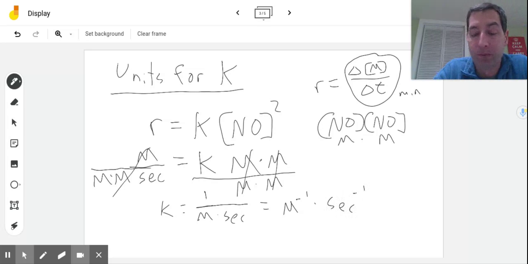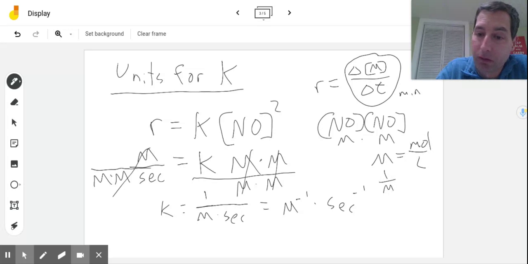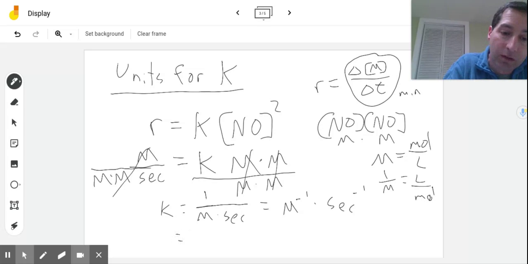That's the same thing. We could also say that molarity is actually just moles per liter. And so if we have 1 over molarity, that's just the inverse of this, which would be liters over moles. So I could write 1 over molarity down here as liters over moles times seconds.